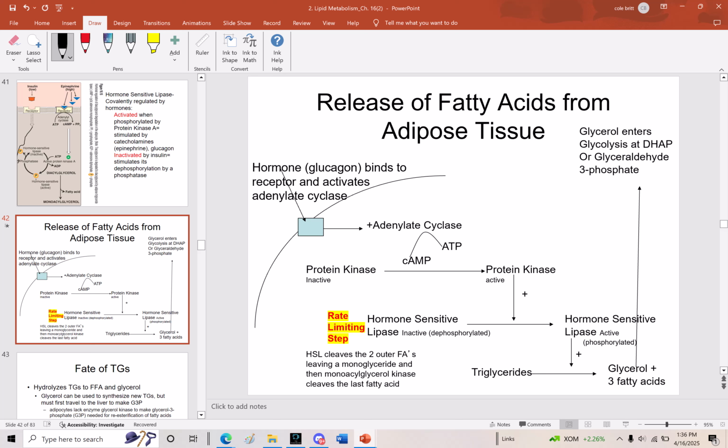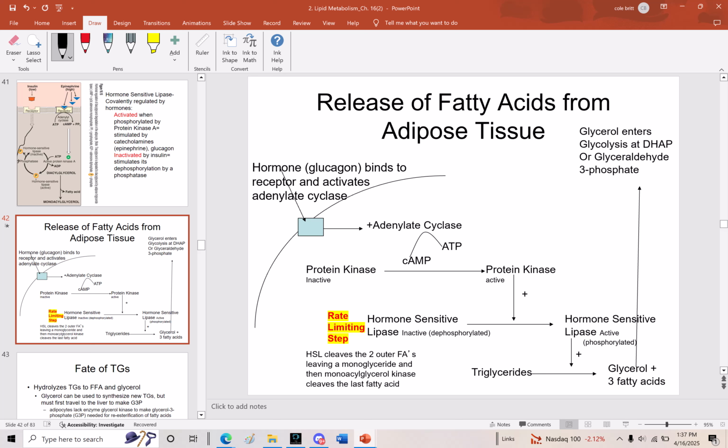Don't memorize all those terms. I just wanted to walk you through the signaling cascade. This is the signaling cascade. All you need to know is that glucagon is going to start a signaling cascade, which is all this, that's going to activate a kinase, which is going to phosphorylate hormone-sensitive lipase. Here, active because it's phosphorylated.